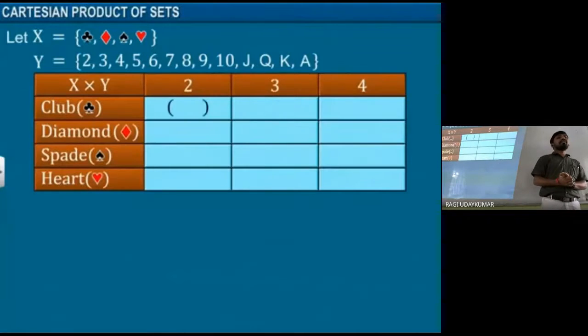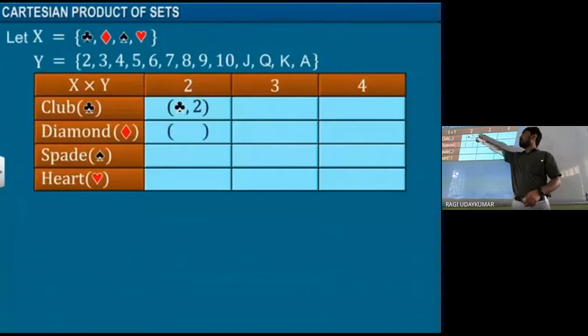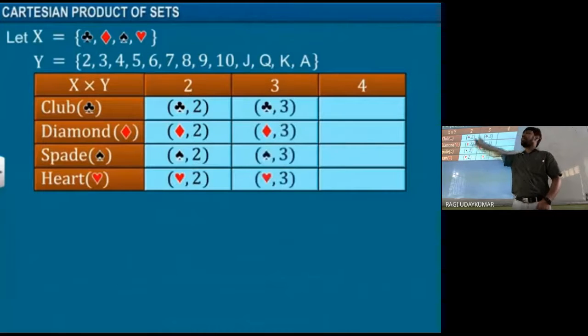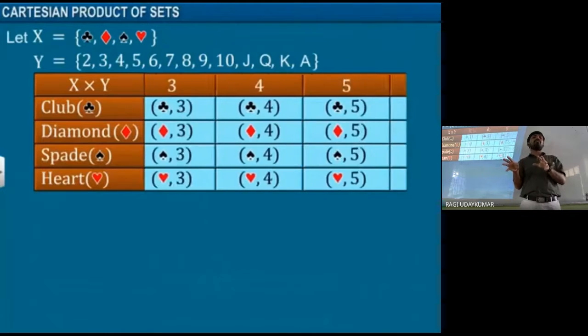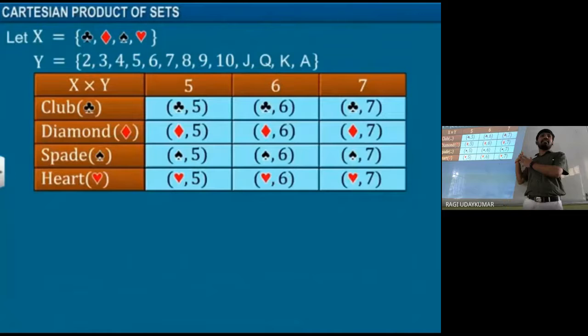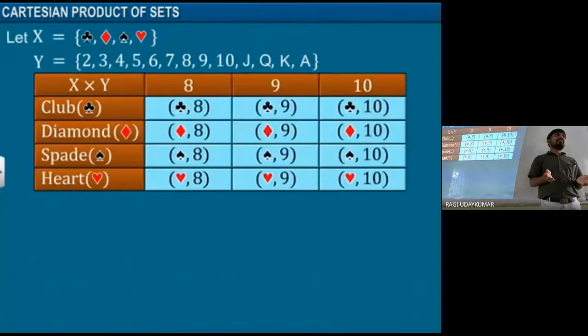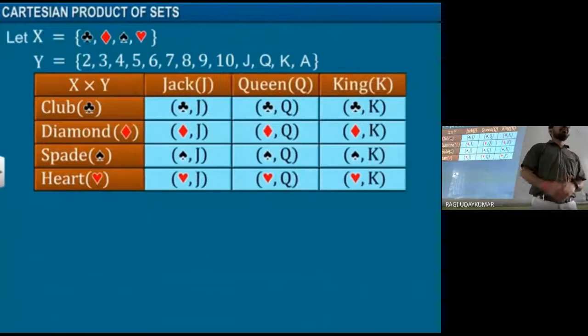So when you take club and 2, you get (club, 2), (diamond, 2), (heart, 2), (spade, 2). Like that, every element can be written, not only 2, 3, 4 but also 5, 6, 7, 8, 9, 10, J, Q, K, A. All of these come under the Cartesian product of the two sets X and Y. J represents Jack, Q Queen, and K King. Okay, did you understand?